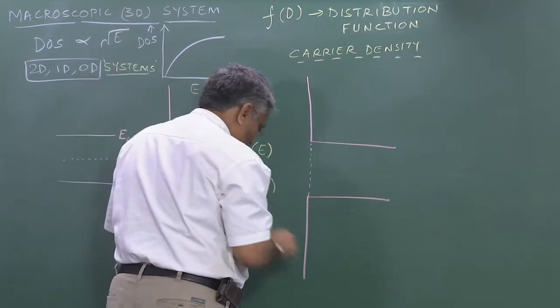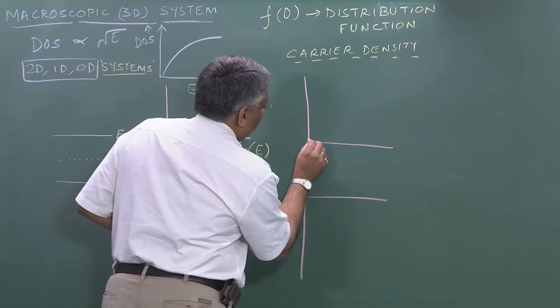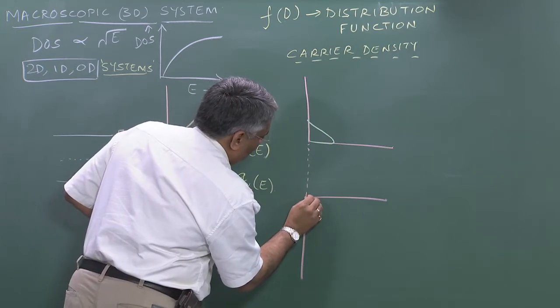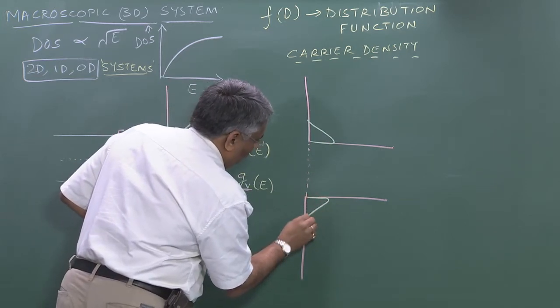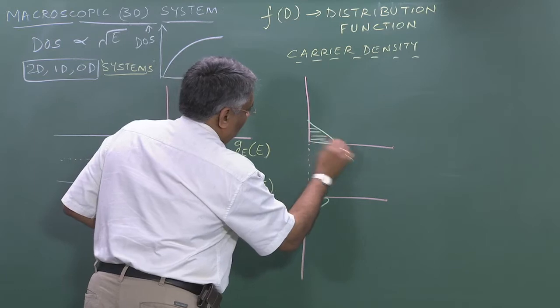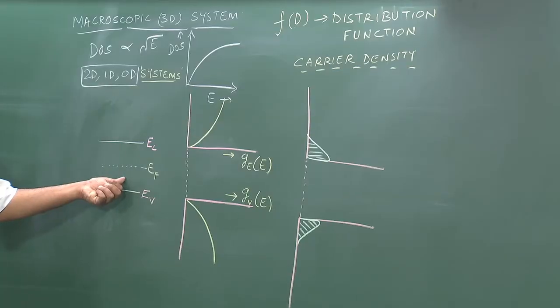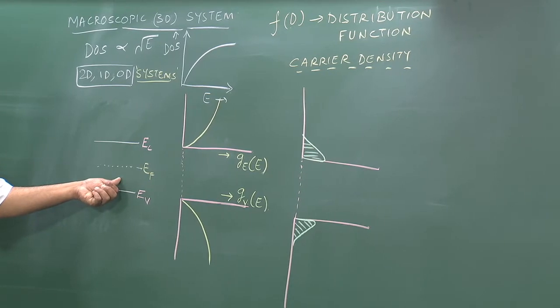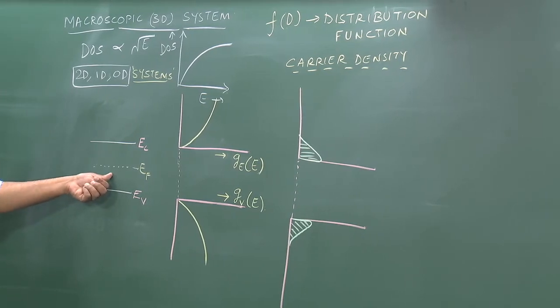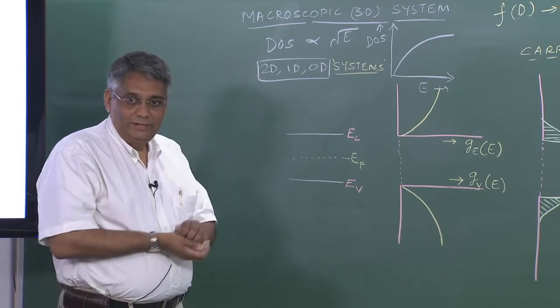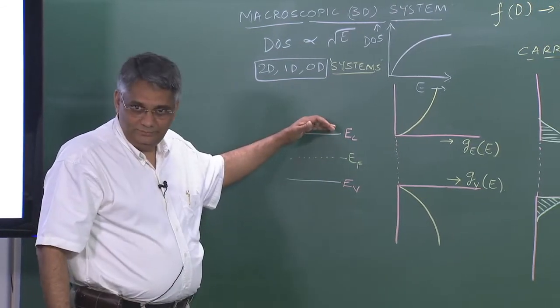So you certainly know that what we are representing here is an intrinsic semiconductor case where you have the Fermi level lying in the middle of the forbidden gap between the valence and conduction bands, right?